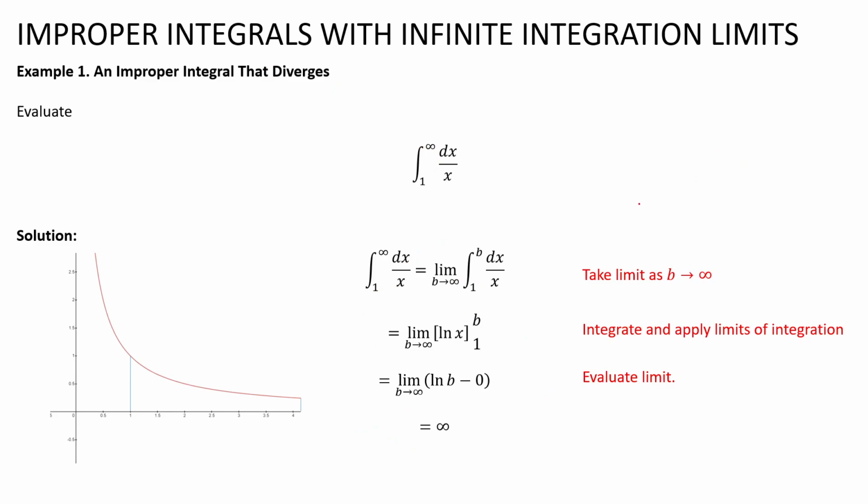So this is the solution. Again, take note that this 0 portion here is coming from ln 1.